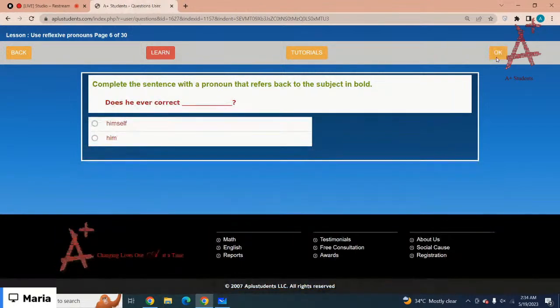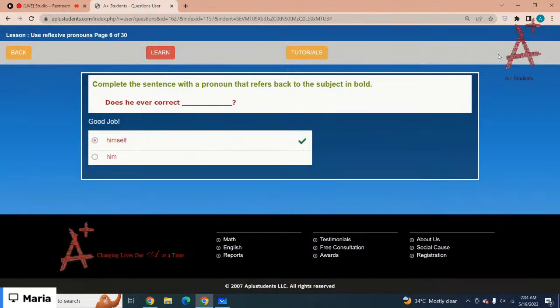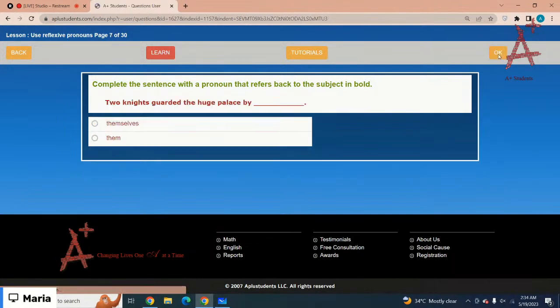Does he ever correct himself or him, which is the correct option? Yes. Does he ever correct himself? Two knights guarded the huge palace by themselves or them?